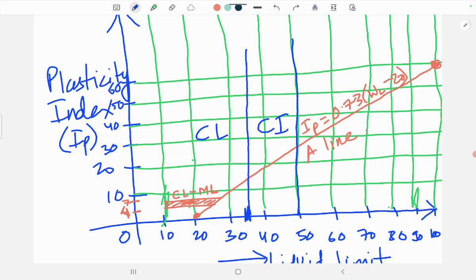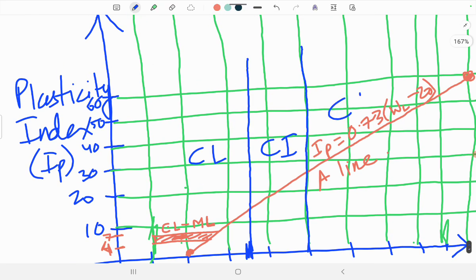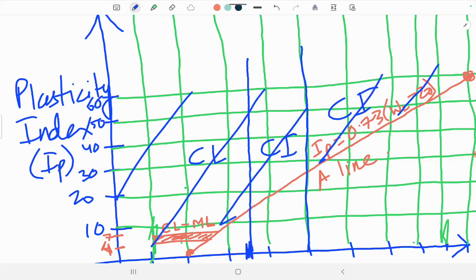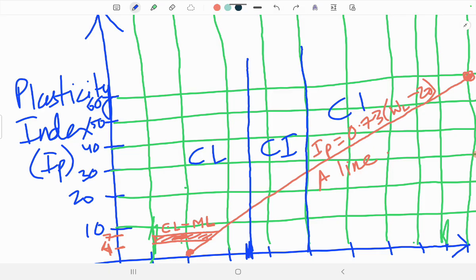And here we write clay of high plasticity. So all this part is the clay of high plasticity zone.